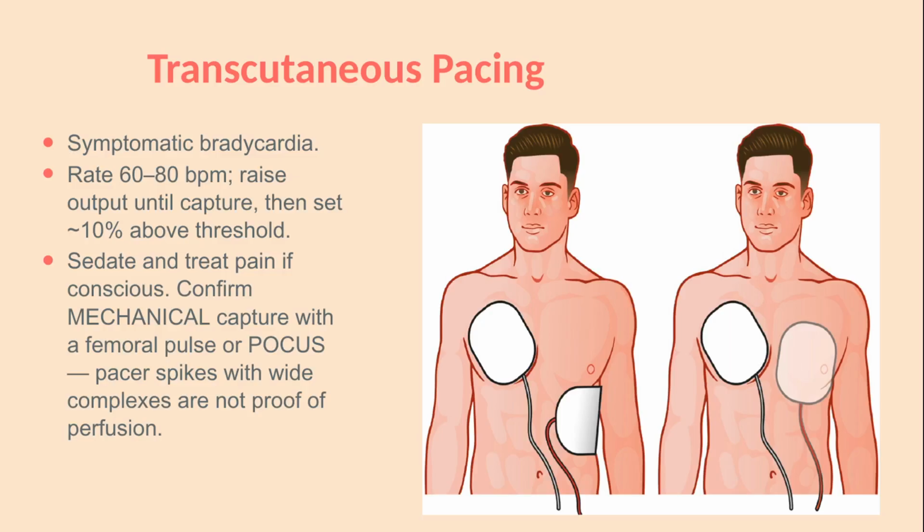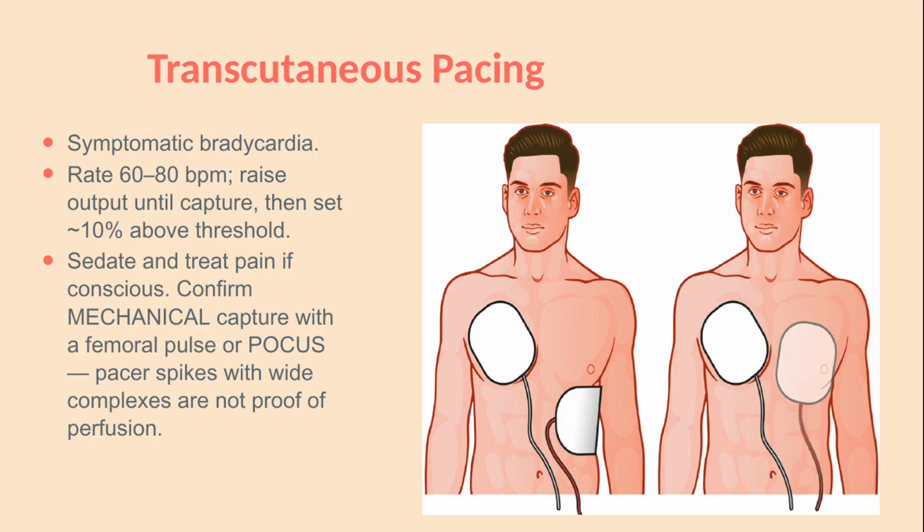Transcutaneous pacing is the bridge for symptomatic bradycardia that atropine cannot fix, and the skill is in confirming it actually works. Place the pads, set a rate of 60 to 80 beats per minute, and increase the current from low output until you see electrical capture: a pacer spike followed by a broad QRS with a discernible T wave.